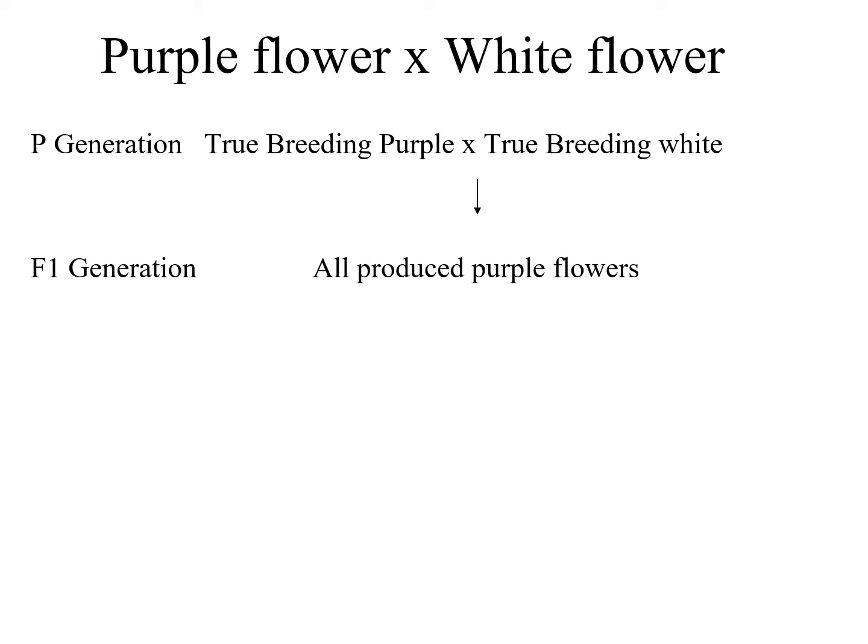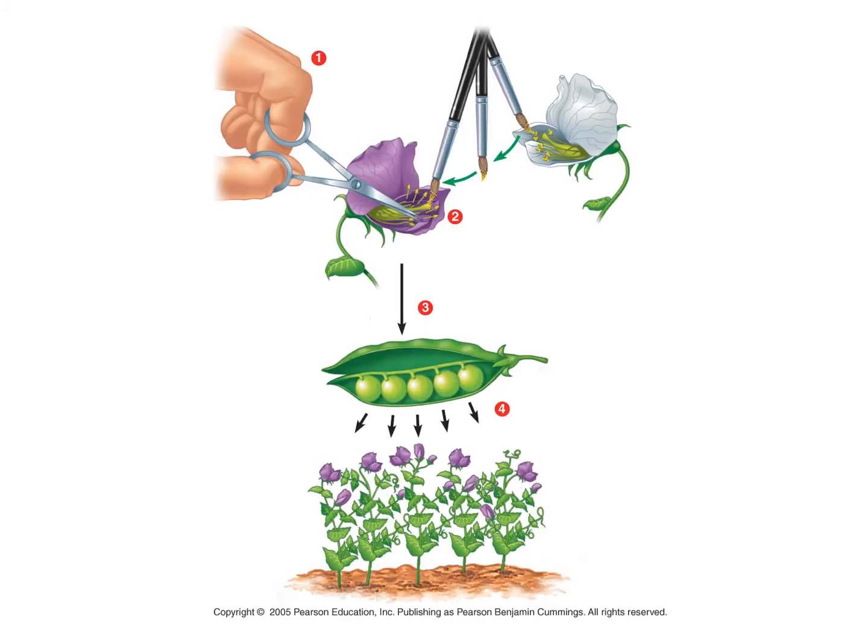Now, the next step would be to cross 2 of those purple F1 with each other. So here in this figure, we see the transfer of pollen between plants, the production of the seeds, planting those seeds. That's our F1 generation.